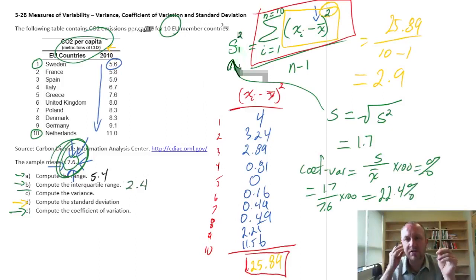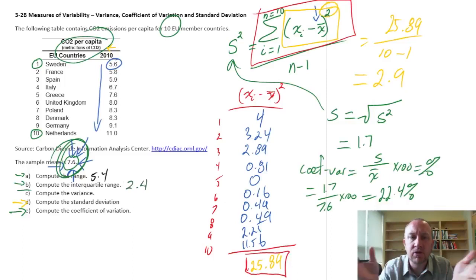So my standard deviation is 22.4% of my mean. So again, useful for comparing across data sets to identify which data set shows the greatest dispersion or the greatest amount of variability. Okay, so that finishes up 3.2 question B on our measures of variability.